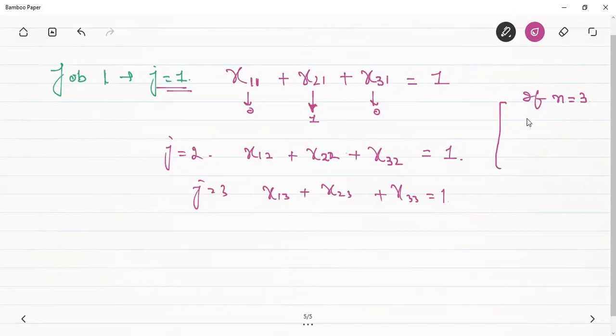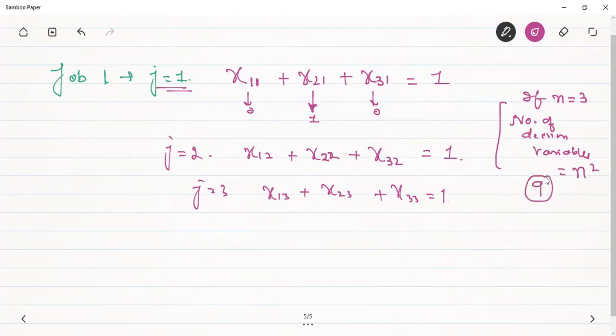Since n is equal to 3, the number of decision variables will be equal to n square. So in this case the number of decision variables will be equal to 9, since I have taken the example of a matrix of order 3.